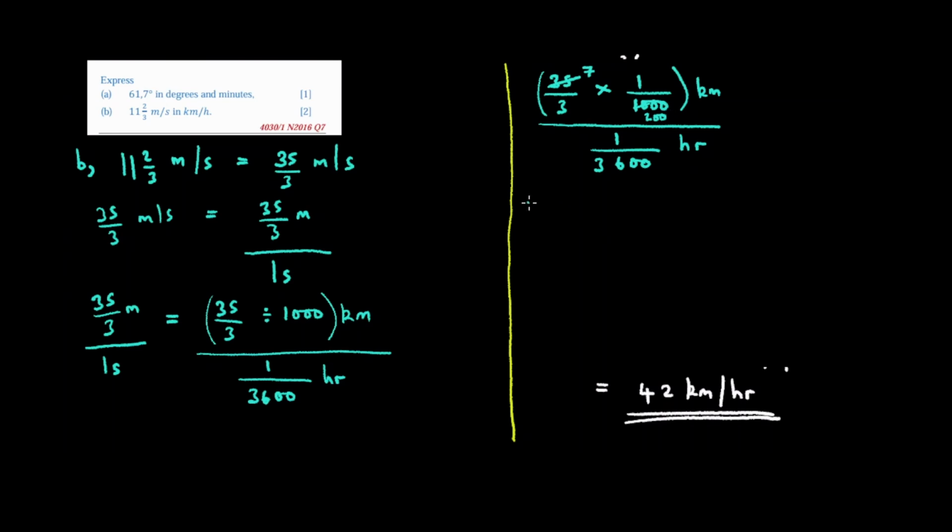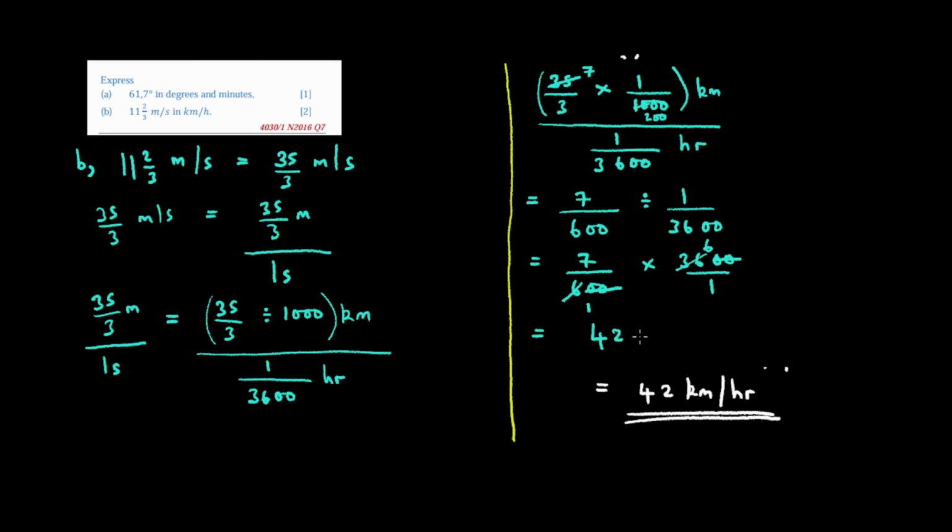So here we remain with 7 over 200 times 3, which is 600. This is being divided by 1 over 3600, which is 7 over 600 multiplying 3600 over 1. Then of course we cancel: 6 into 6, 1 into 36 is 6, and 7 times 6 is 42, which is 42 kilometers per hour. They are the same.